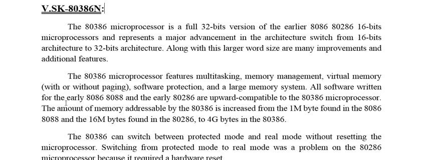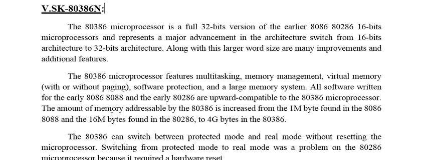All software written for the early 8086, 8088, and the early 80286 is upward compatible to the 80386 microprocessor. So all the software that came before the 80386 has upward compatibility toward the 80386 microprocessor.